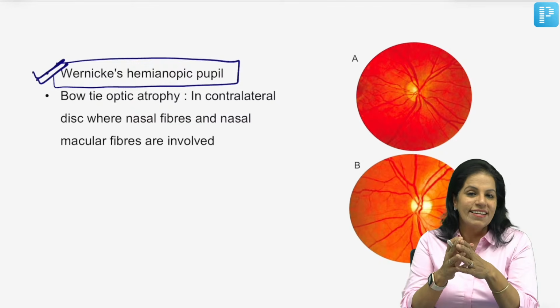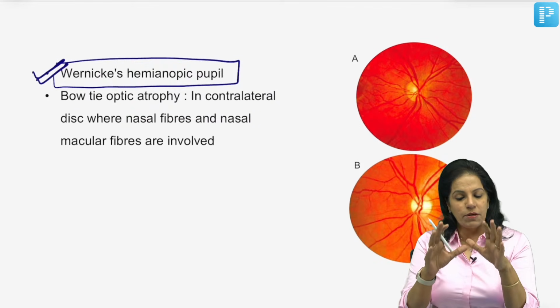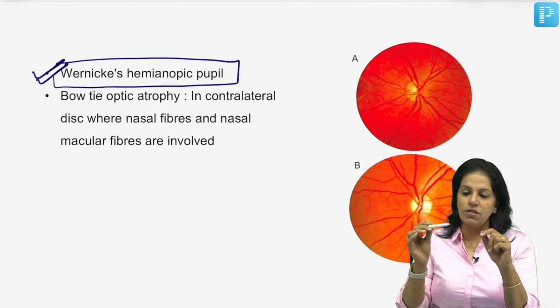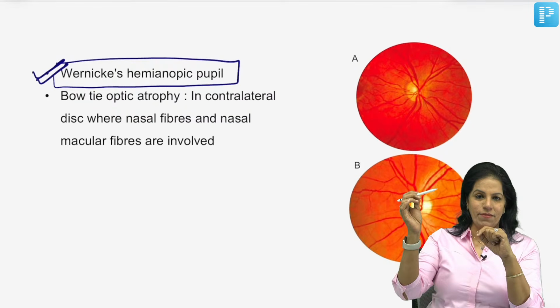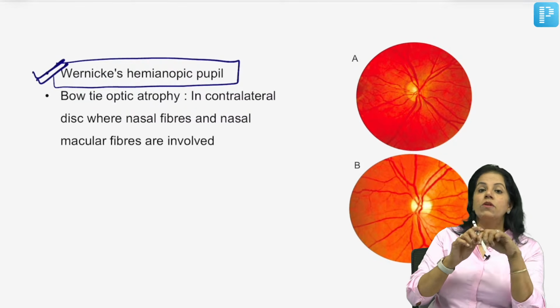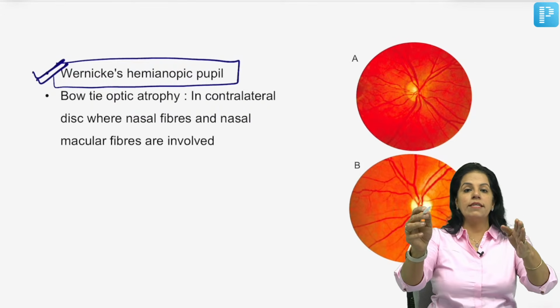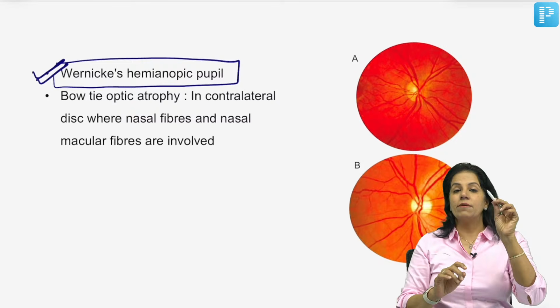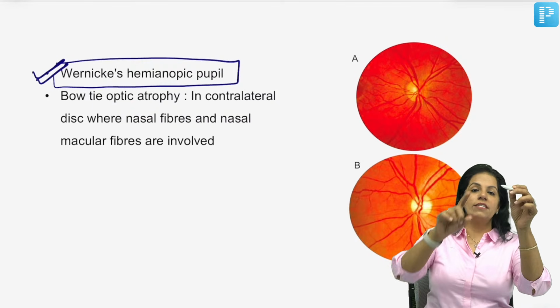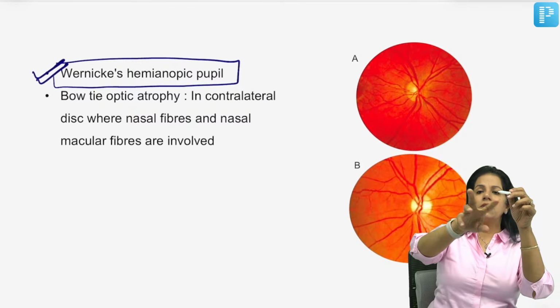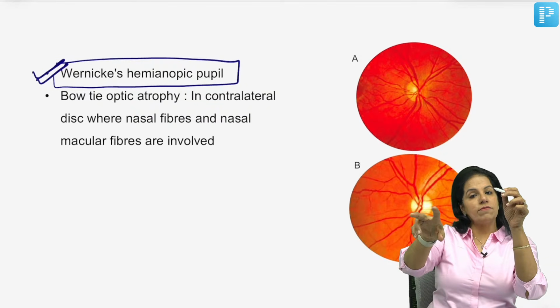How does this happen? What you do, you make the patient sit in a dark room, take a pencil torch, not a big torch, show the light from one direction. Okay? Suppose my patient is in front of me, I have to test this Wernicke's hemianopic pupil. I take a pencil torch, I am showing the light from one direction, in such a way that the light is falling on both the eyes.